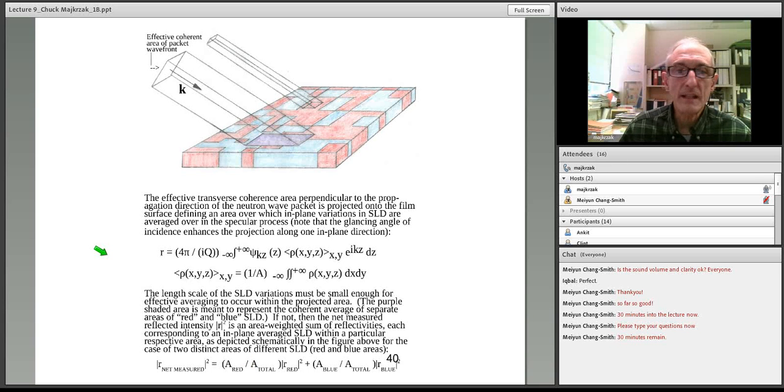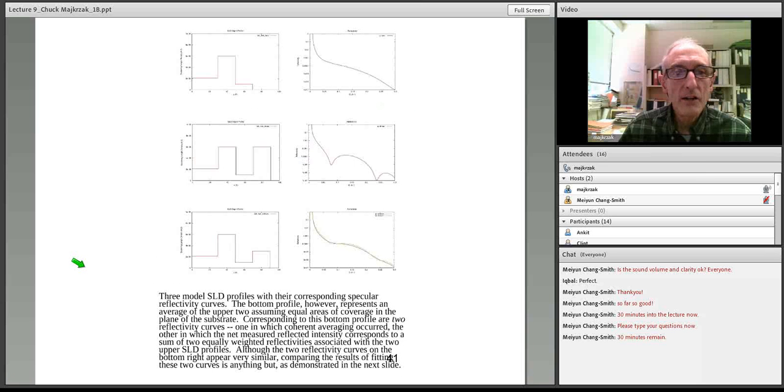So this is very important to take into account and to remember. And I'll illustrate that here. Here is quickly our three profiles of a lipid bilayer, a single lipid layer, a bilayer, and then a coherent average of these two systems with 50-50 weightings.